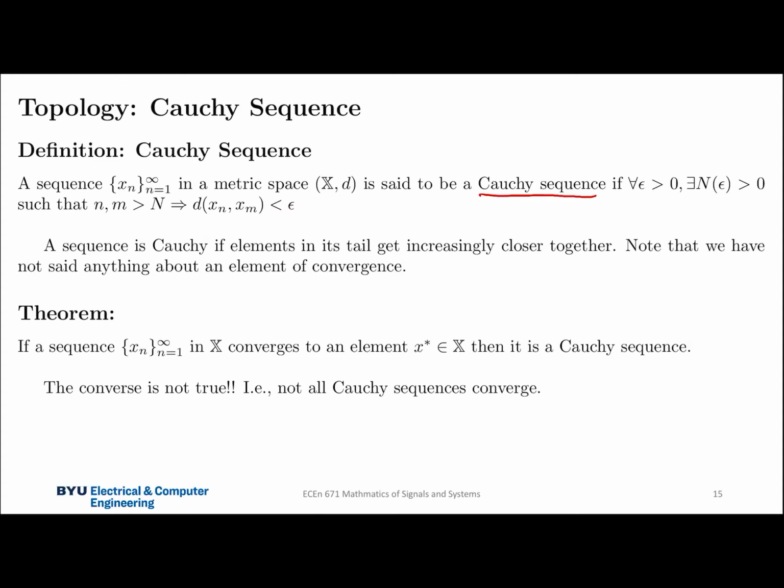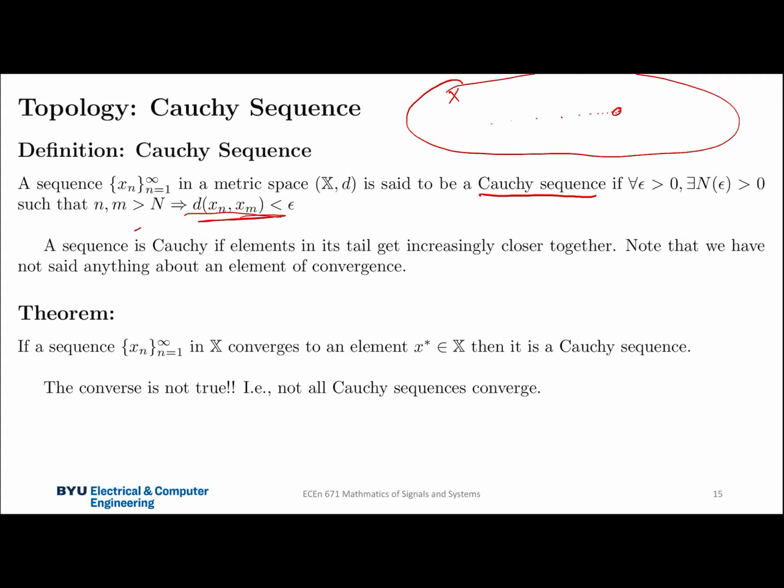Notice here with a Cauchy sequence, we're not talking about a limit point. There's no x star here. What we have instead, this might be our set X, and now we have this sequence, and it's getting like this. For every epsilon, you pick an epsilon, there's some N after which the tail is getting closer.